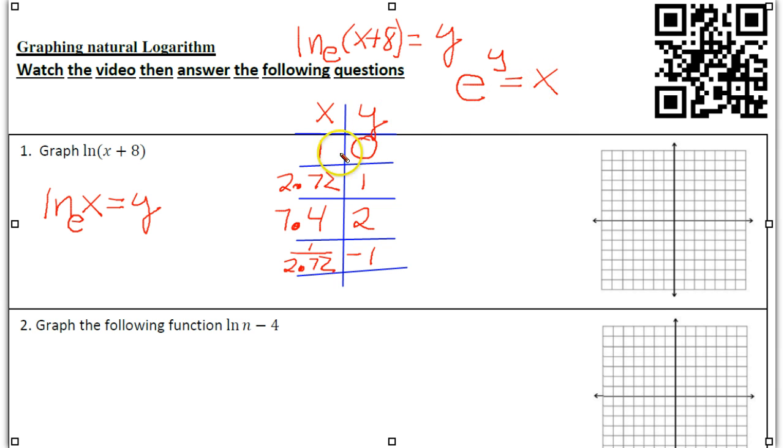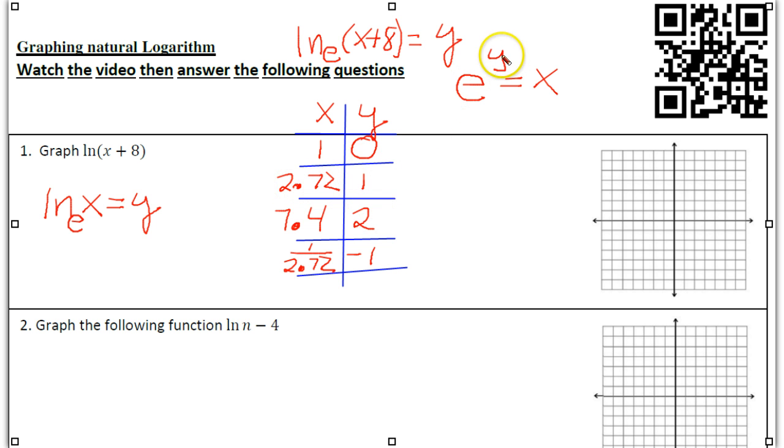So if we set up a t-chart and we put in some values for y, 0, 1, 2, -1, again, we just want to get our basic shape of this graph. Now if y is 0, anything to the 0 power is 1. If y is 1, then e to the first power we know is approximately 2.72.